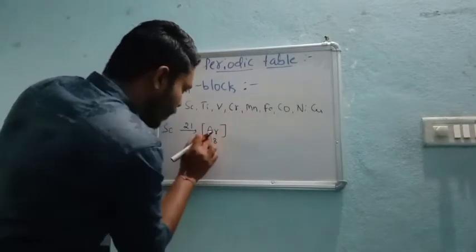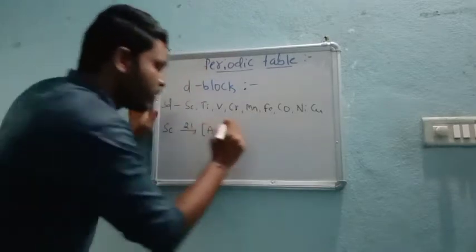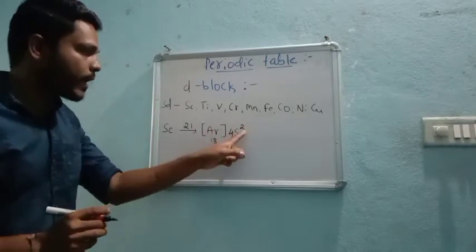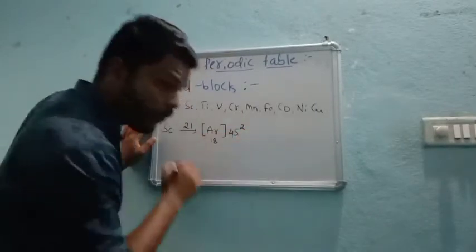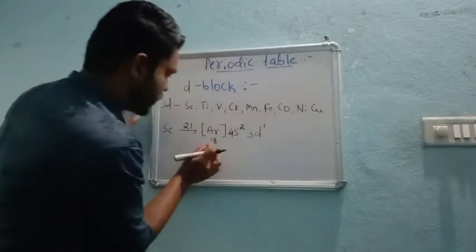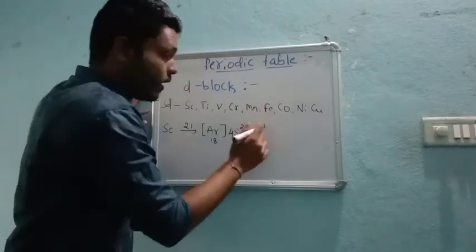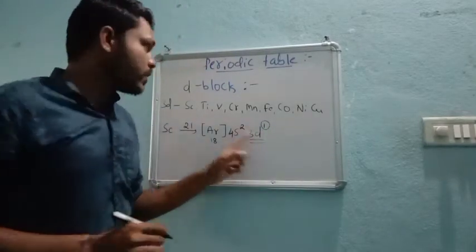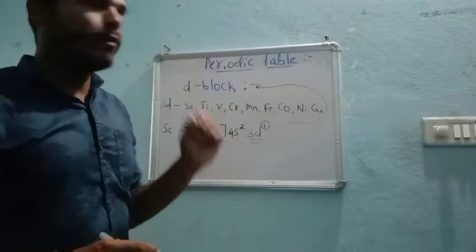After 3p6, we directly enter not 3d but 4s. So I am filling the s of the 4th shell. After 4s, we come to 3d. 18 plus 2 is 20, we have 21, so I am moving to d. Now the last electron is entering into the d subshell, so this element belongs to the d block.